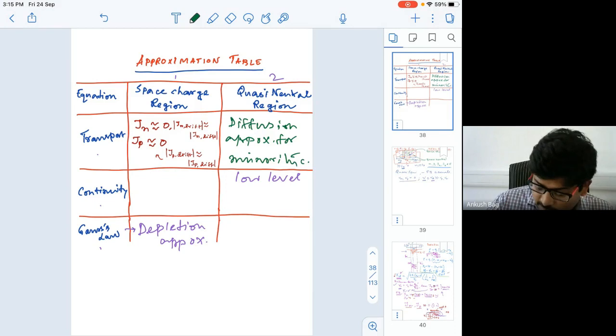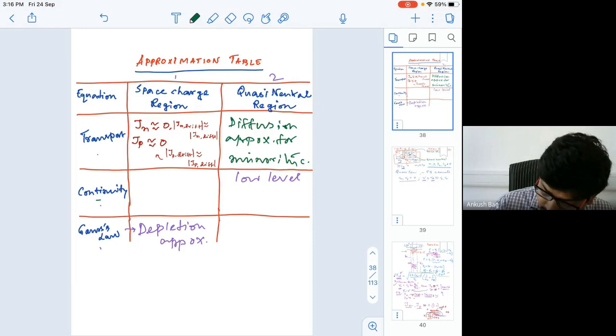So similarly, since we have this diffusion approximation of the minority carrier for the transport equation, and considering the continuity equation, we'll have the diffusion continuity equation. The diffusion of minority carriers will be dominant in this quasi-neutral region when considering the continuity equation.